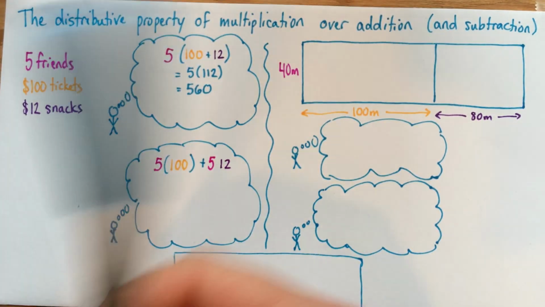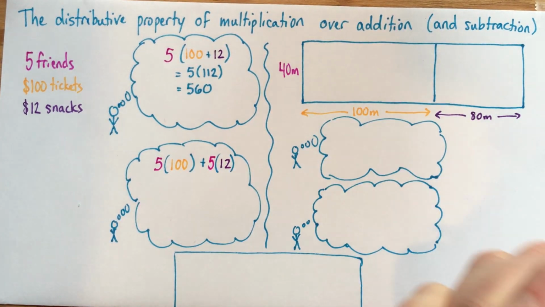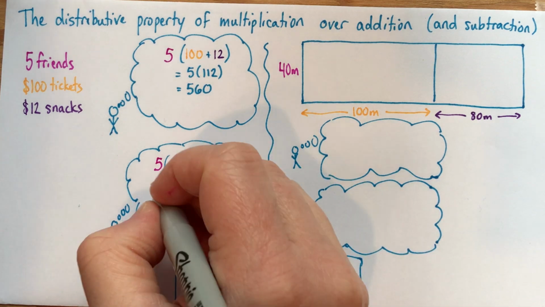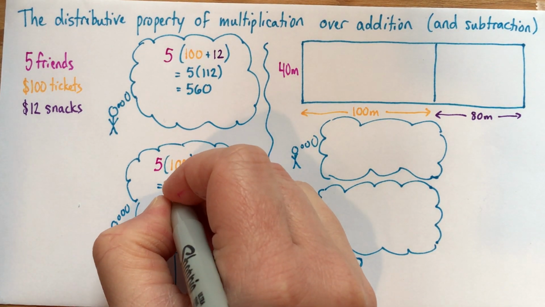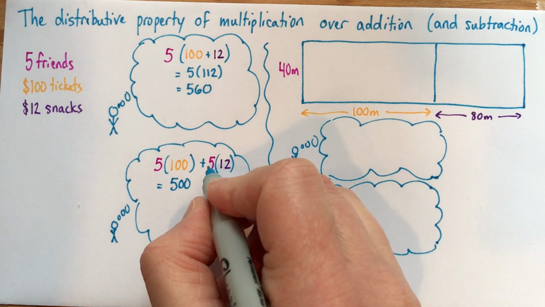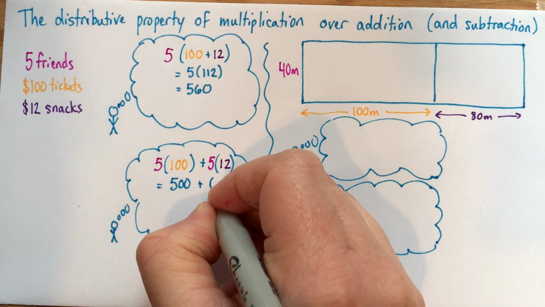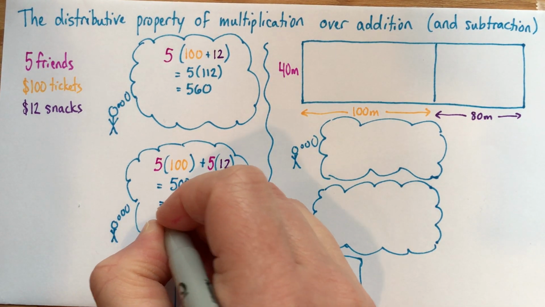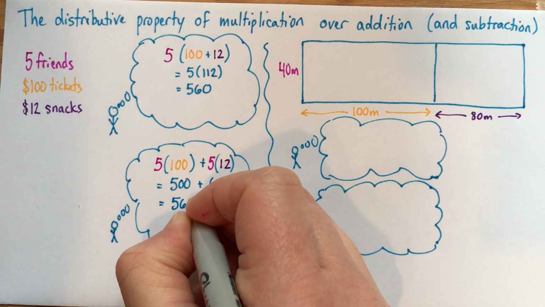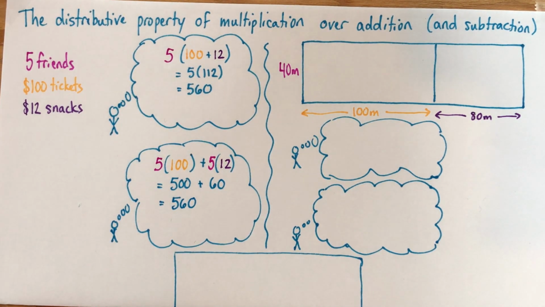So we paid 5 times $12 for the snacks. So this is how they're thinking about it. And then they think, okay, 5 times 100 is 500 for tickets. 5 times 12 is 60 for snacks. That's 560. Now, of course, both people get the same answer.